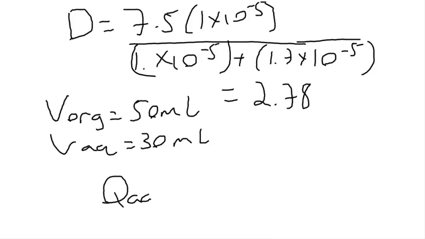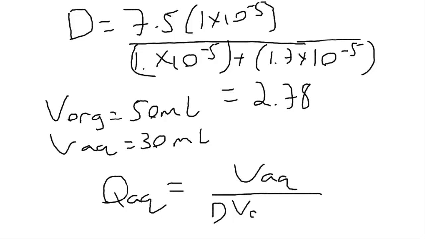So we can find the fraction of the analyte remaining in the aqueous phase using the equation of the volume of aqueous divided by the distribution ratio multiplied by the volume of the organic phase, plus the volume of the aqueous phase. This is for one extraction, so we don't take it to the power of n for multiple extractions.